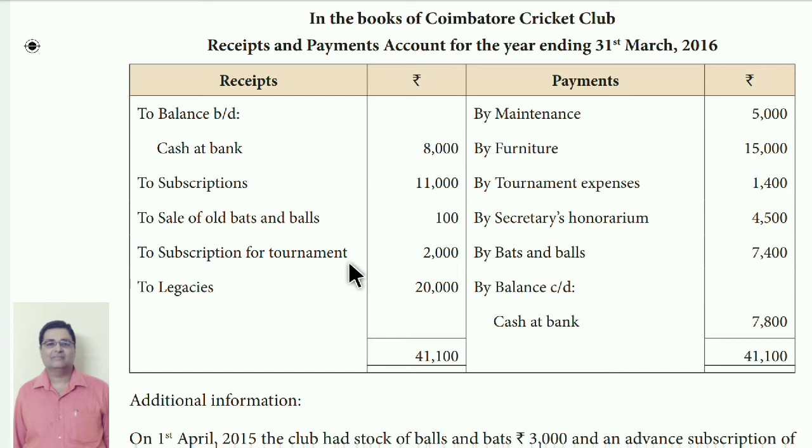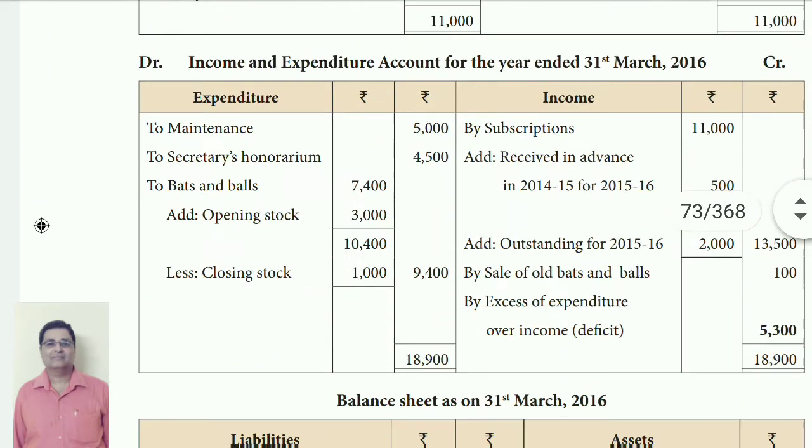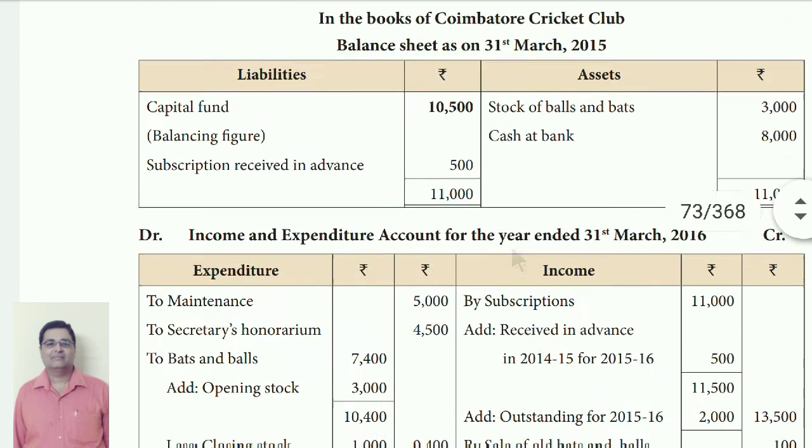And subscription for tournament rupees 2000, that we have to write in the liability side. First we have to see sale of old bat and ball 100 rupees. See it in your income and expenditure account. Sale of old ball and bat 100 rupees we write.